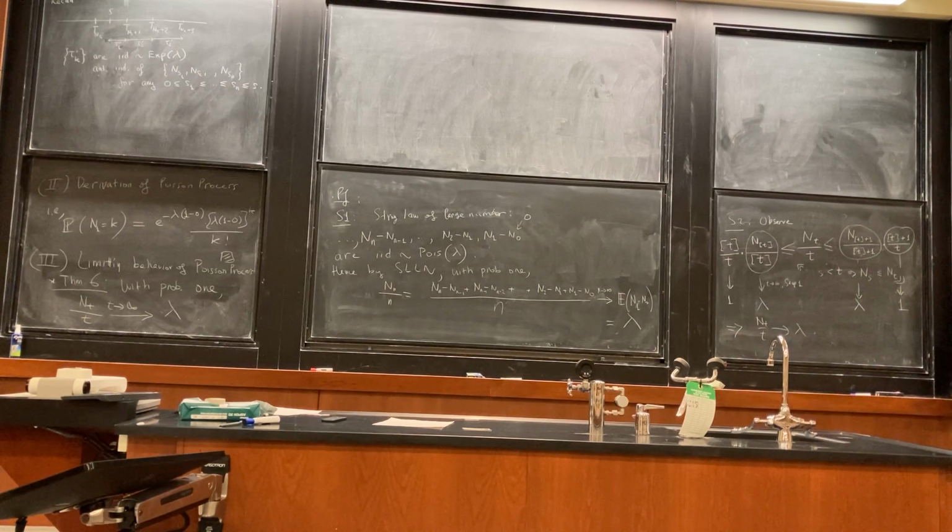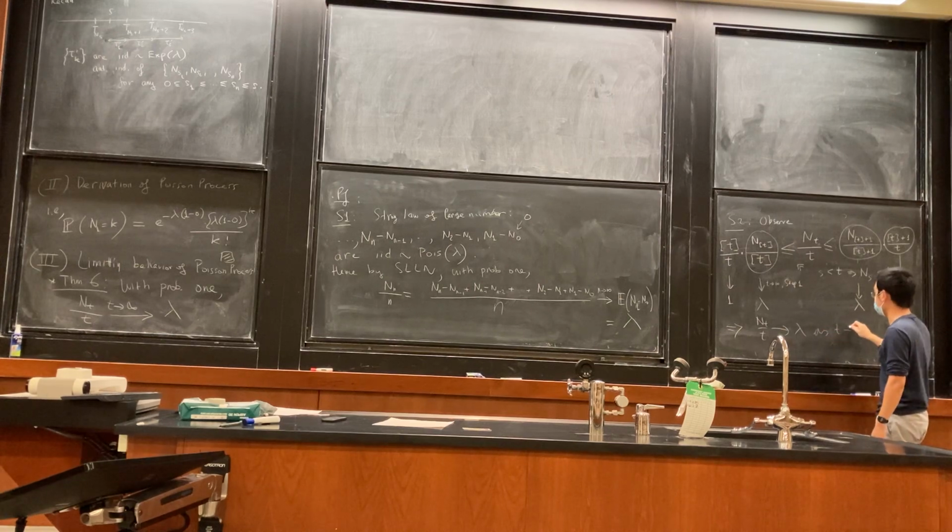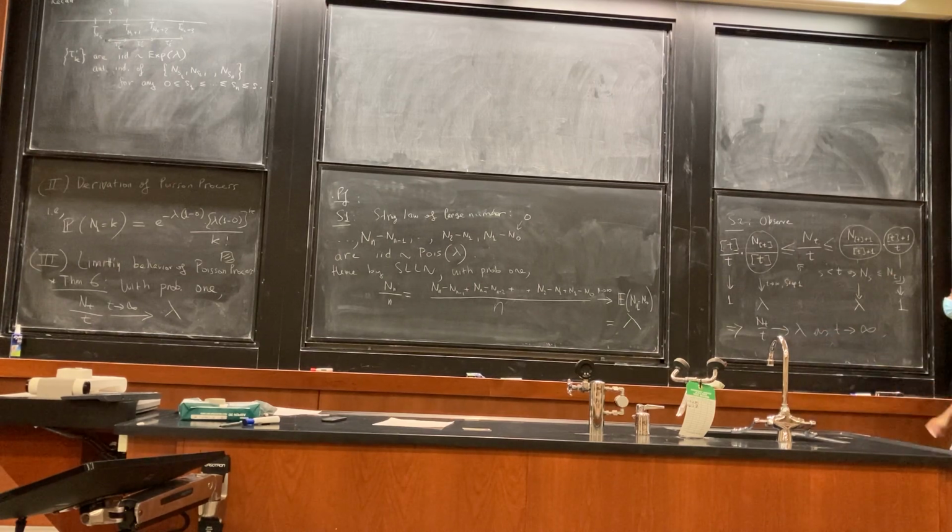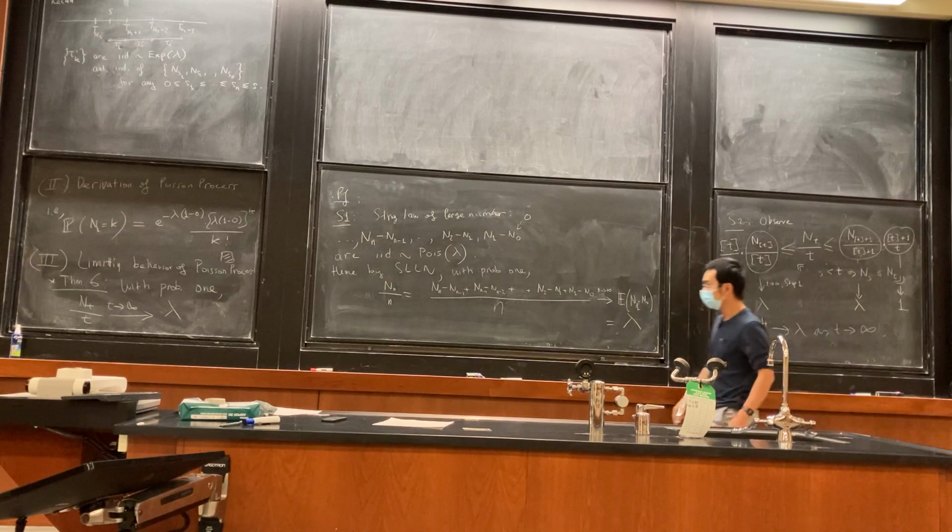And this occurs with probability 1, so for sure that ratio has to go to lambda as t goes to infinity.